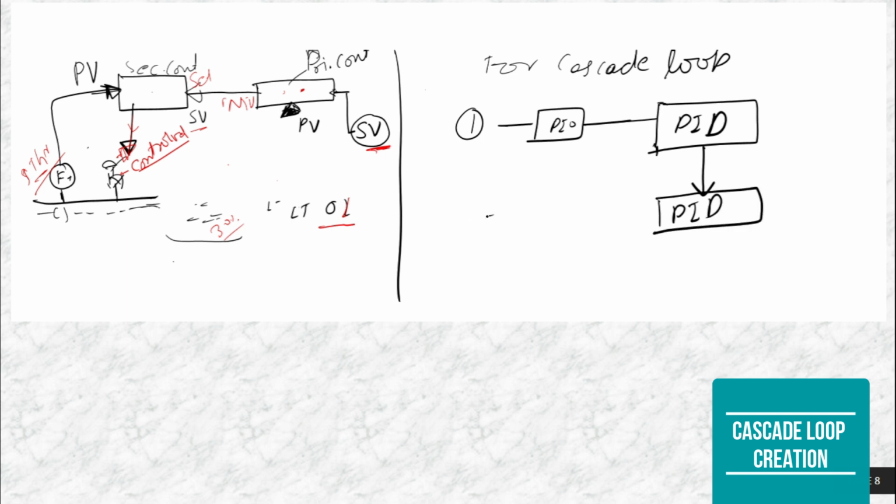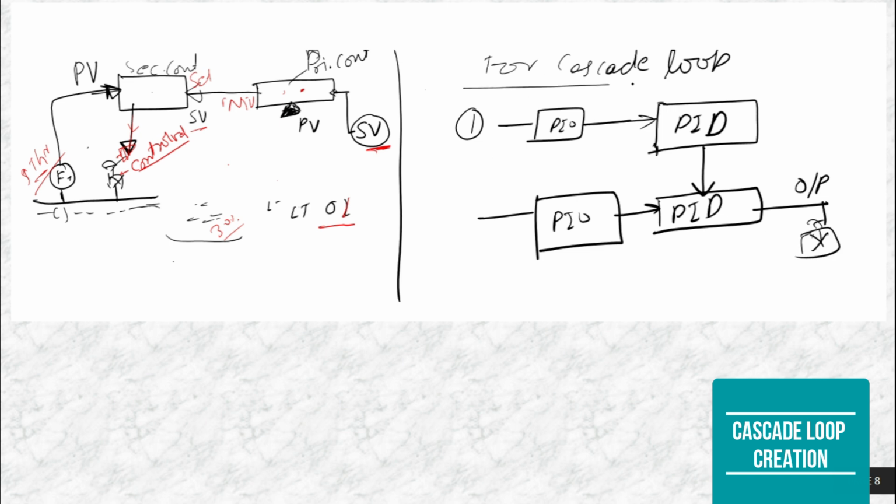Here also we need one PID block, this also going here, and this will generate the output. It will go to any control valve. Like that we will generate the cascade loop.